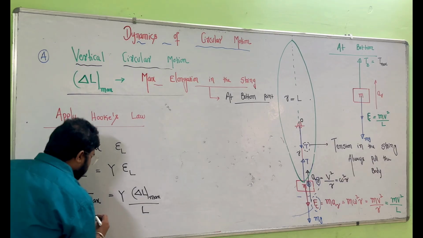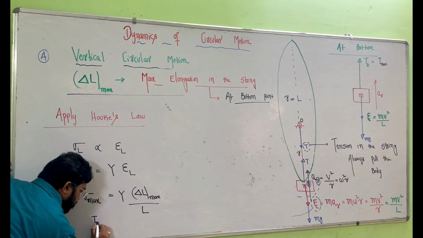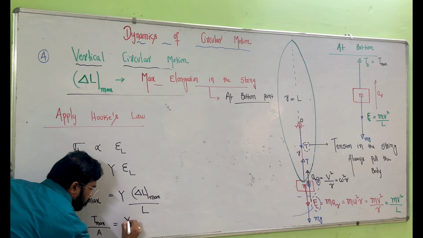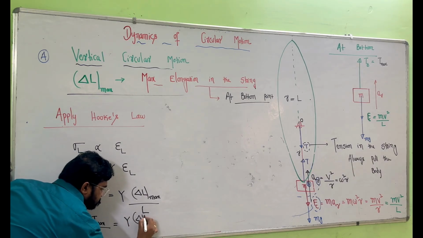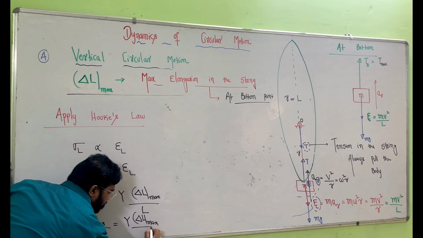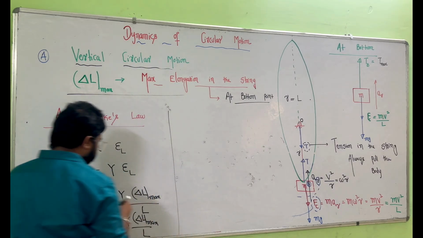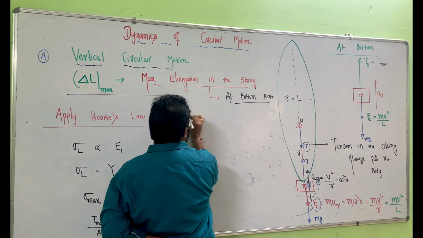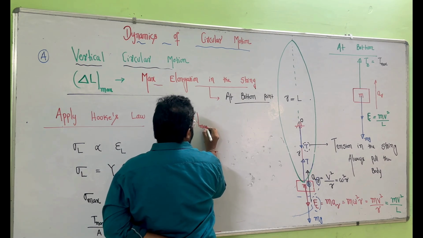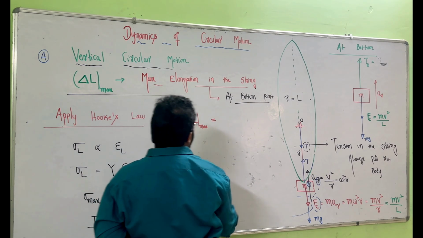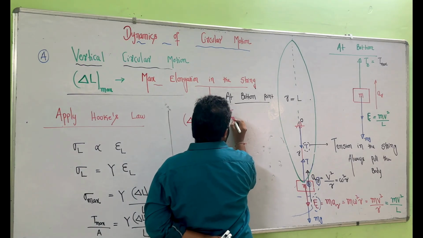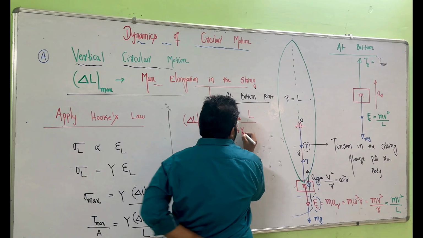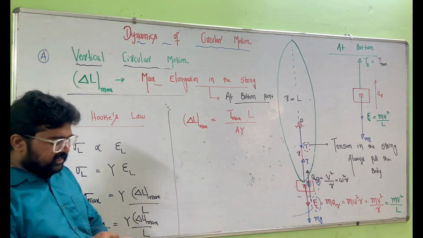Here you can write it as T maximum divided by the corresponding area of the string, equal to delta L maximum by L. So from here you get the maximum elongation in the string equal to T maximum into L by AY. AY is the axial rigidity.